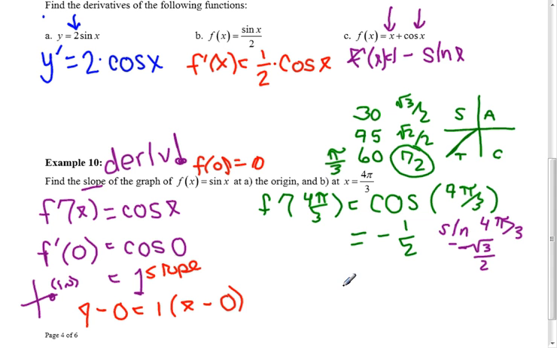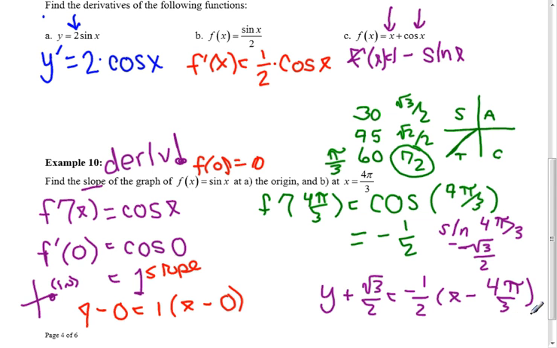So now our equation of a tangent line here is y minus our y value, which is negative square root of 3 over 2, or plus square root of 3 over 2, equals our slope, negative 1/2, times x minus, and our x value we were looking at there is 4/3 pi.